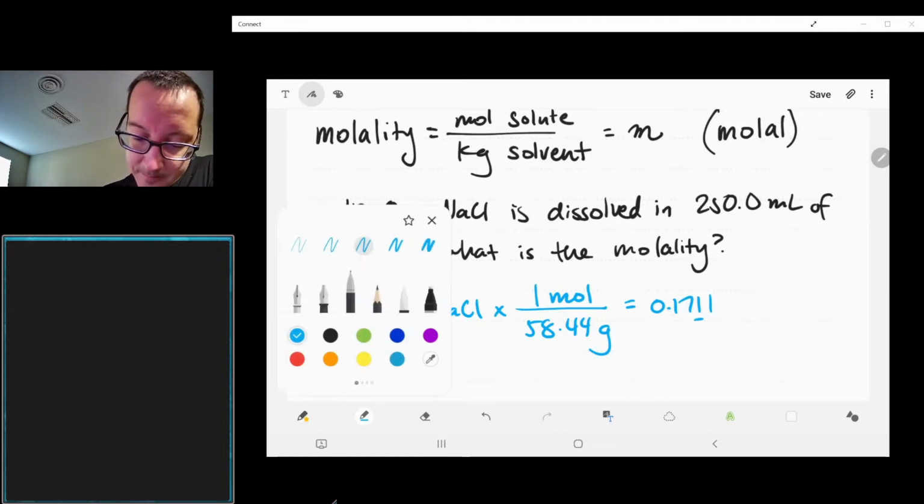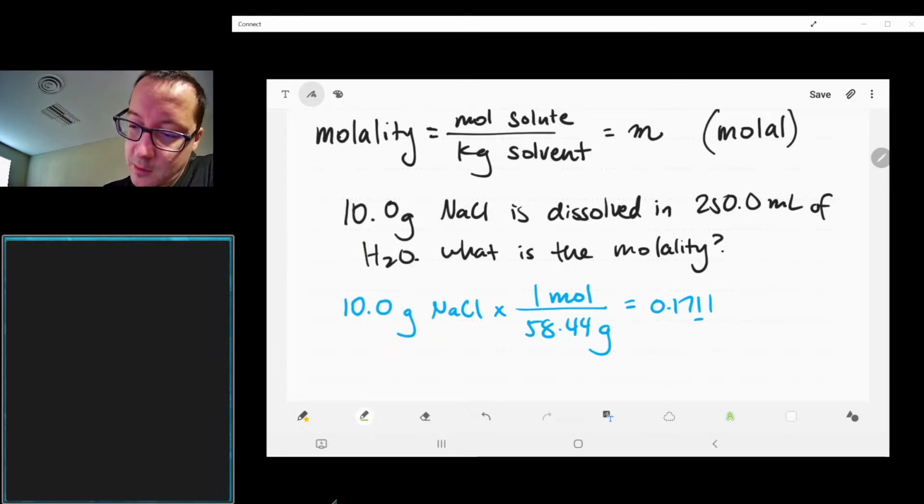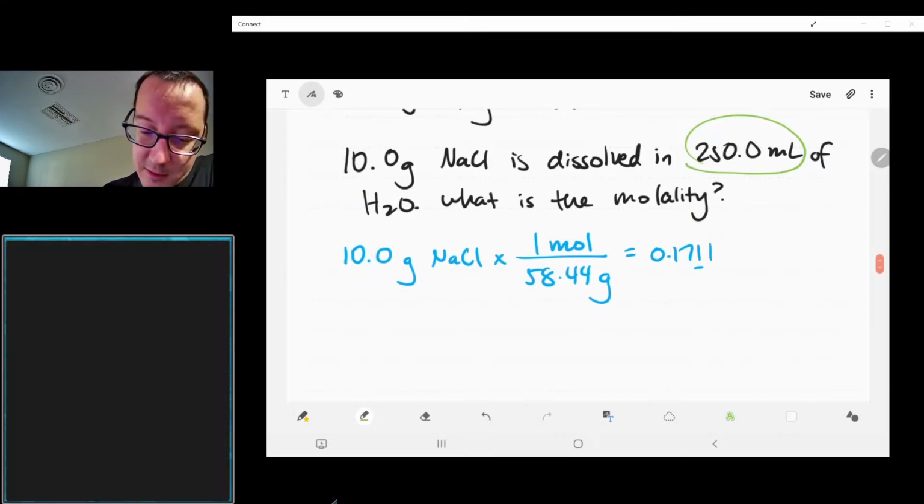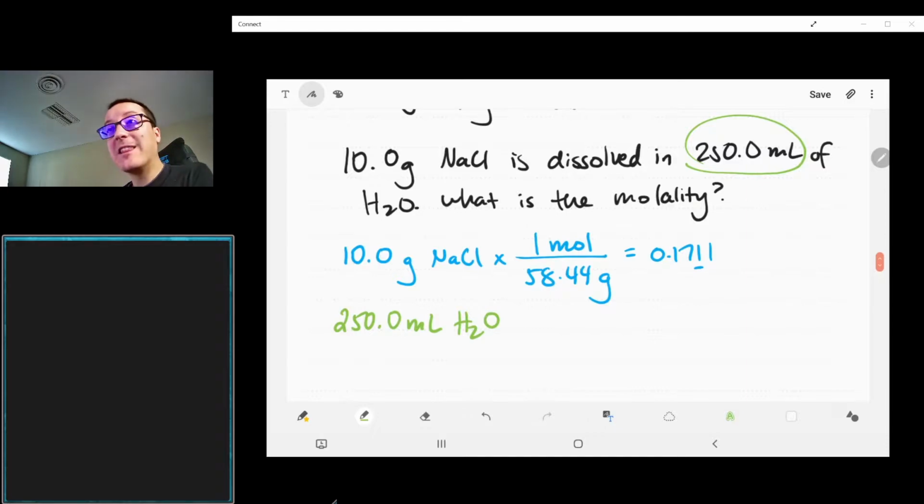And let's use green for the other one. We have 250 mLs of water. And we need this in kilograms, right? However, we know a milliliter and a gram are the same thing.